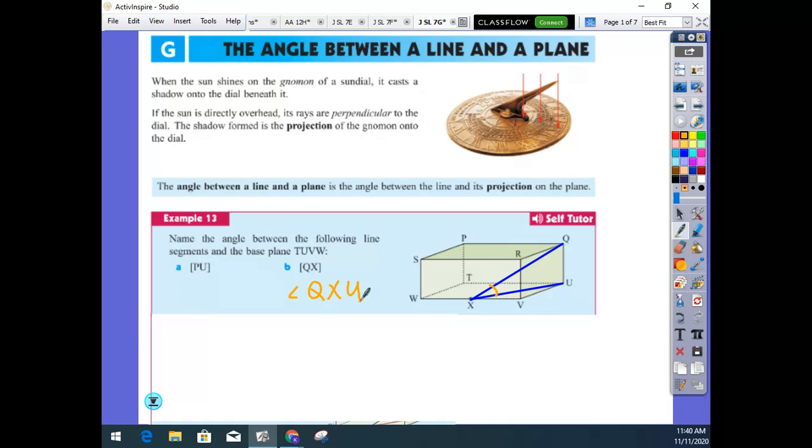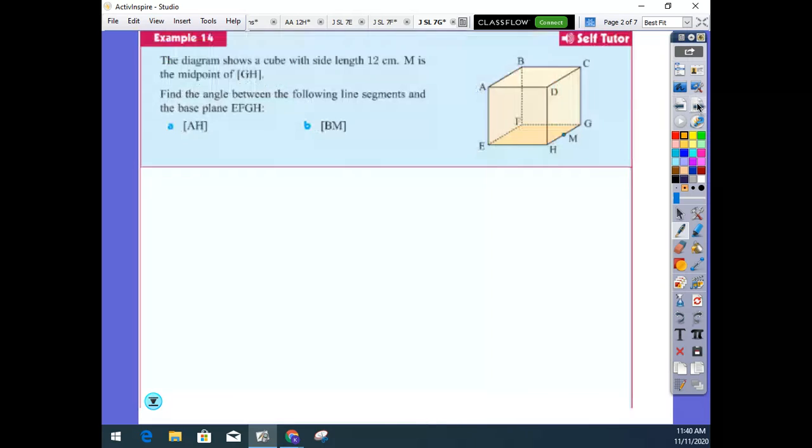Now, if you can visualize the angles, we're going to actually find them. This says that this is 12. It's a cube, so all sides are 12. Find the angle between the line segments and the base plane.